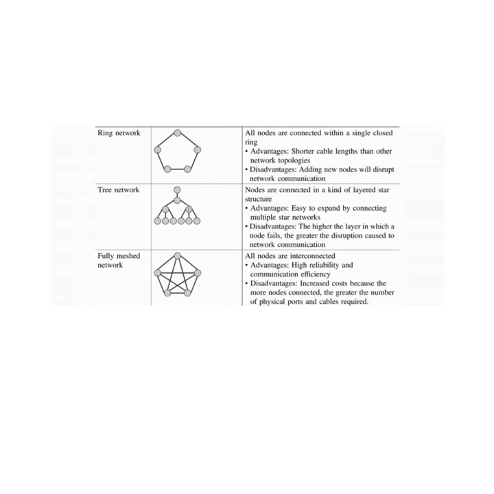But another disadvantage is that if this cuts here, then every device connected to these nodes, to these three devices at the bottom, every computer, every tablet connected to this will also lose network communication. So it causes disruption of network communication.